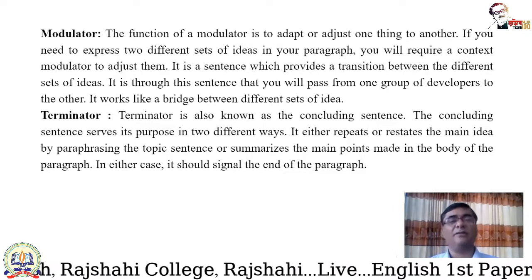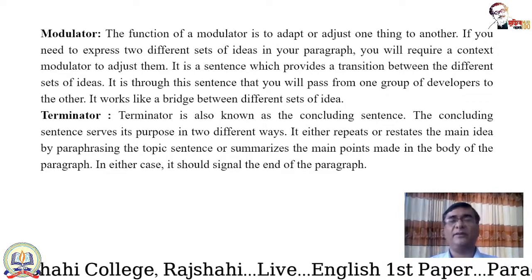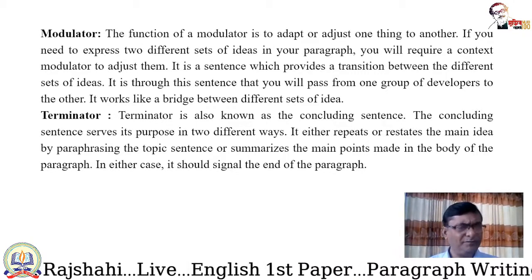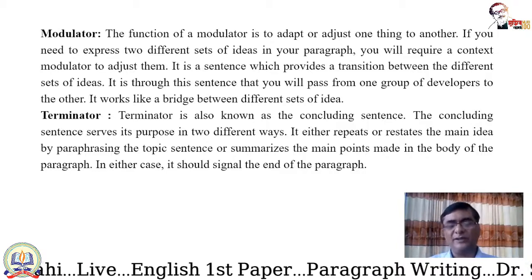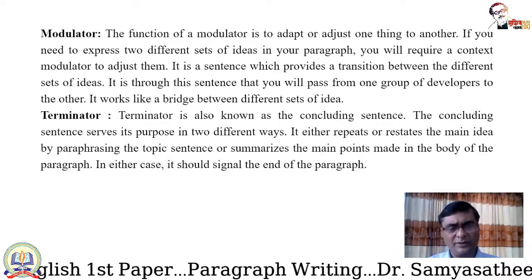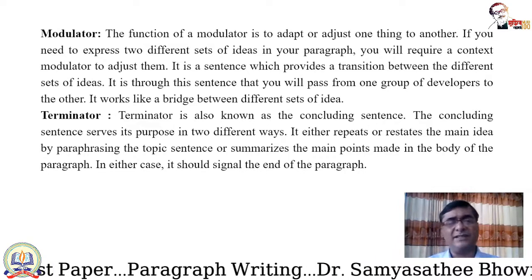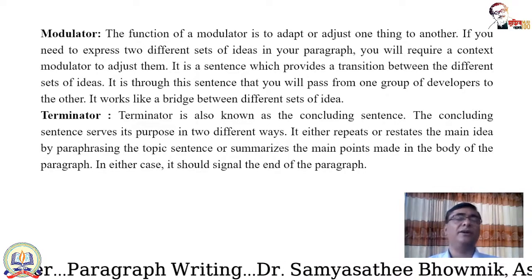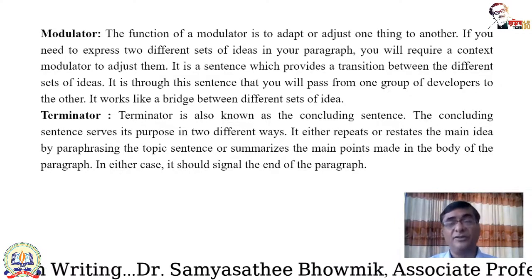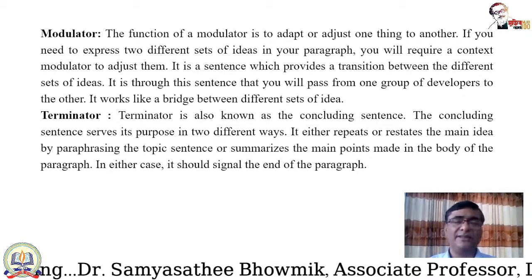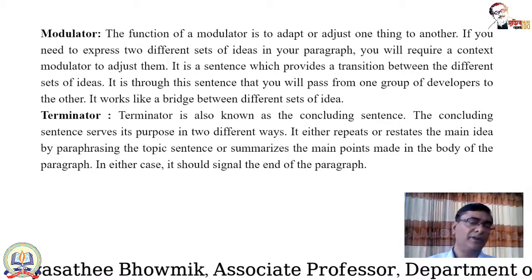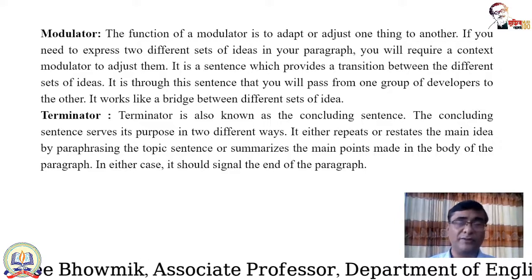Say for example, you are dealing with traffic jam. It's a kind of problem. So when you are describing traffic jam, or giving a list, or giving reasons for traffic jam, at the same time you might focus on other issues or other problems of the society.